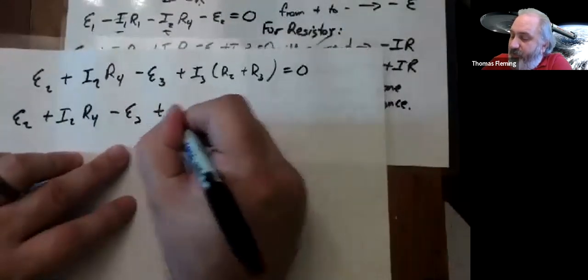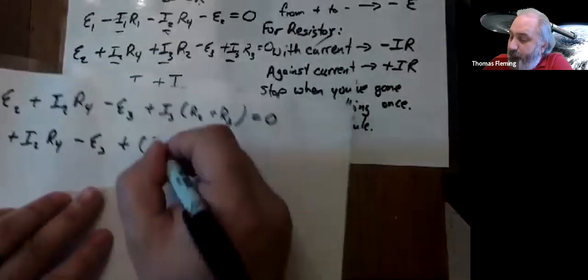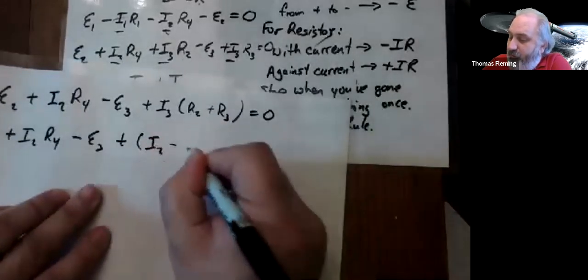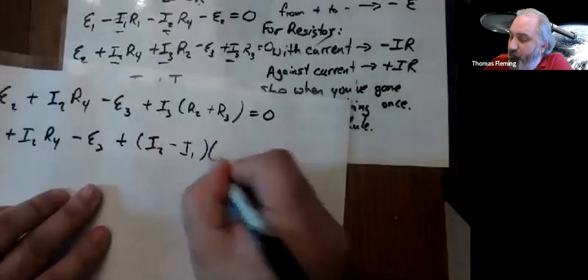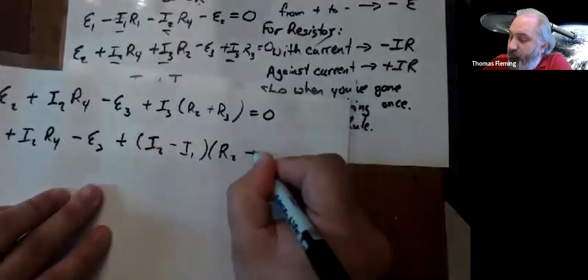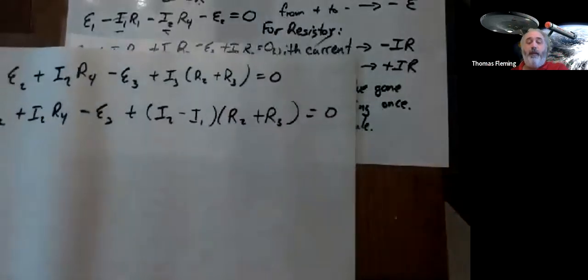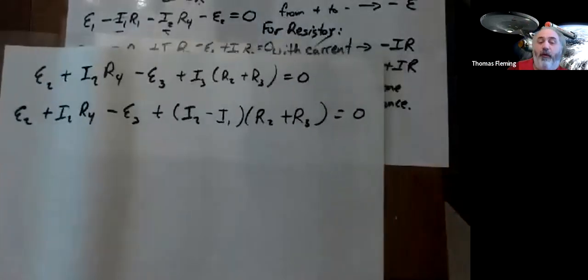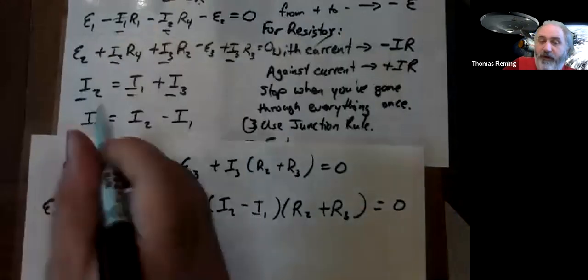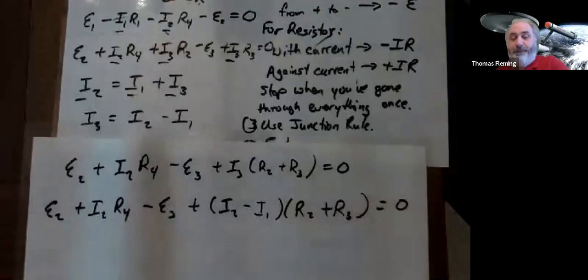Now it's going to be plus, and I'm going to have I2 minus I1 times R2 plus R3. So I just swapped out I3 with what I knew I3 had to equal. Now, this is ugly. Let's pretty that up a little bit.